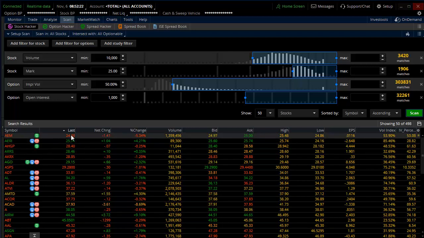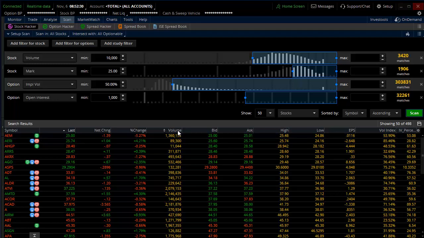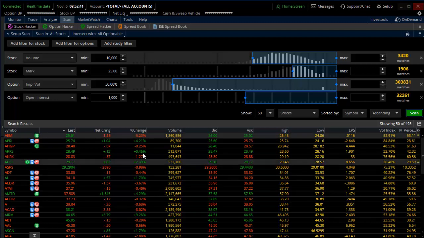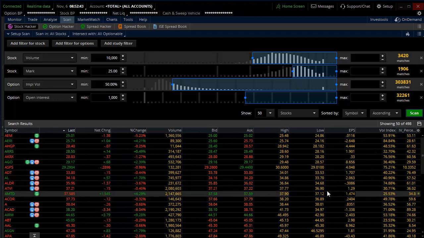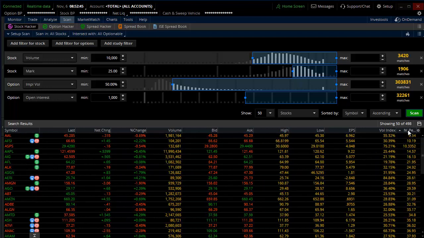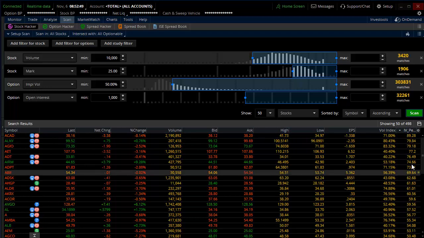Again, everything that is above $25 a share, that has more than 10,000 shares of stock traded, that has higher than 50% implied volatility, that has more than 1,000 contracts of open interest traded, will be in this scan. Now if I click this and say IV percentile, you'll see that it gives me from lowest to highest or highest to lowest.